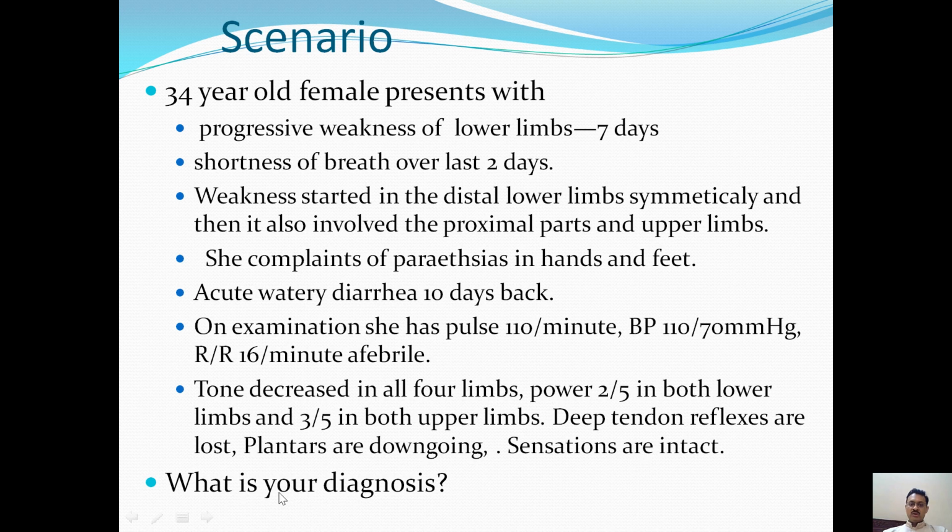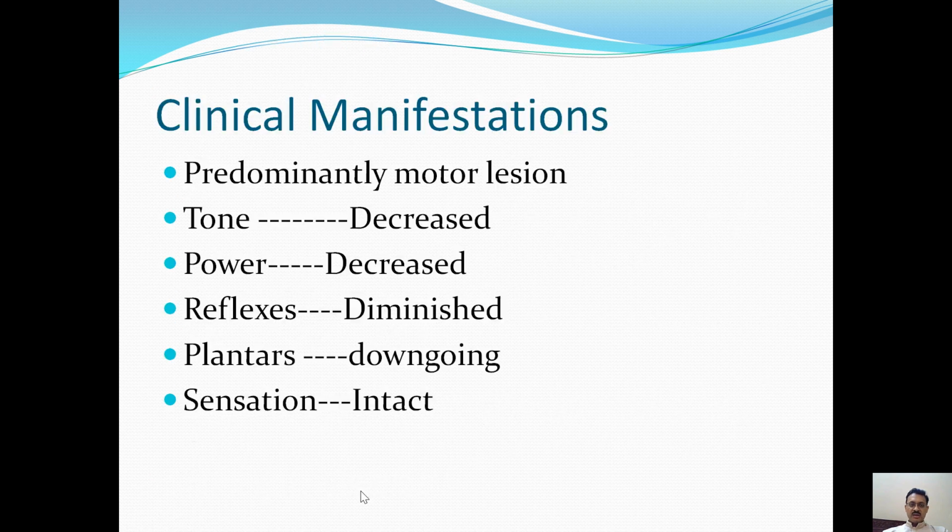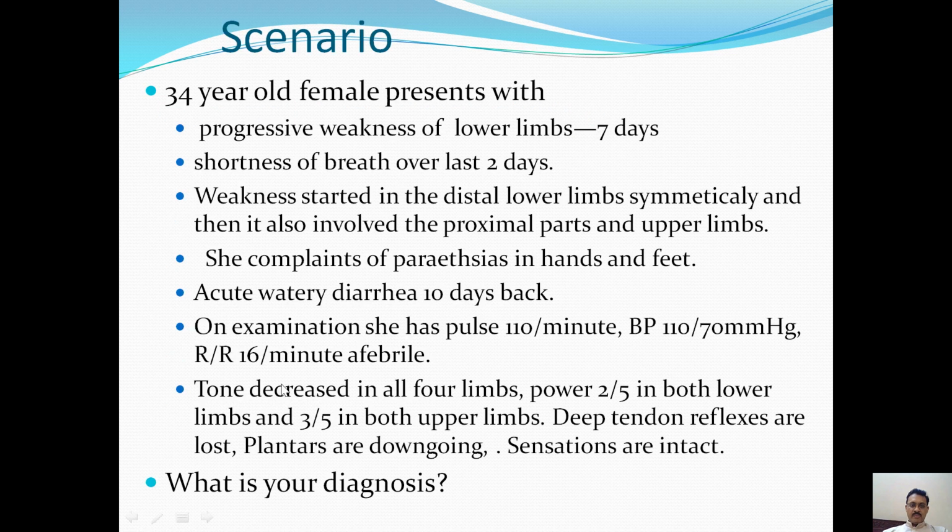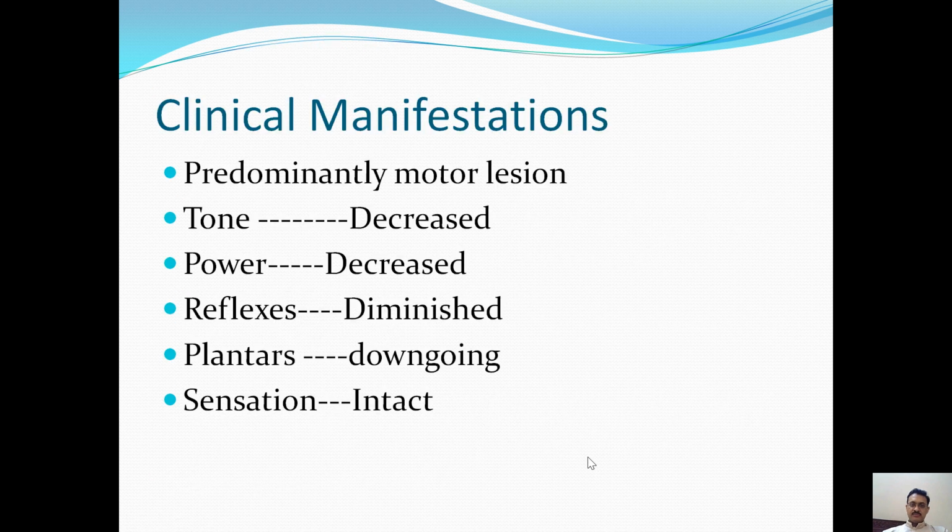So, how are we going to proceed with this case? Let's take what are the important features in this case. This is a predominantly motor lesion. As we know, sensations are intact; there are some sensory symptoms like paresthesias, but there are no sensory signs at all. So we are talking about a dominant motor lesion.